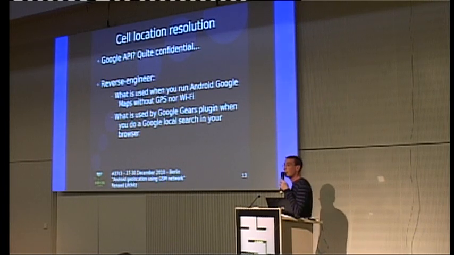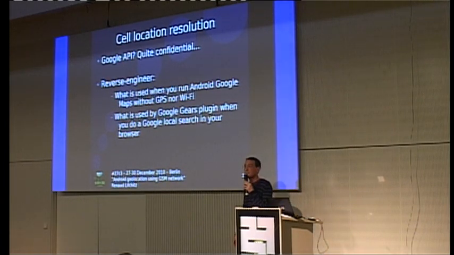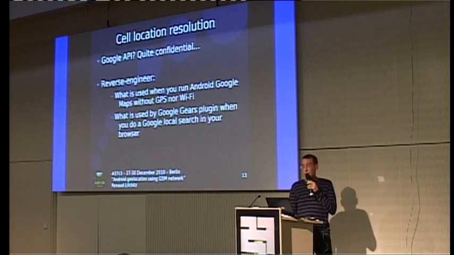So Google is able to know where you are. Just by sniffing the query from the Google GIS, you can figure out that there is an API, right? But this API, of course, when you are running a local search, doesn't use GSM because you don't have a GSM receiver in your desktop computer. So it's only using Wi-Fi access points, right?